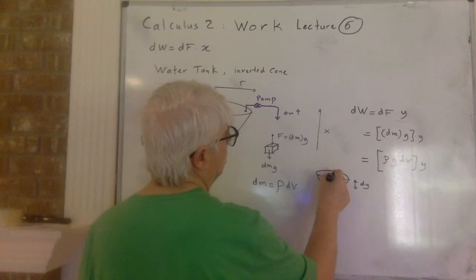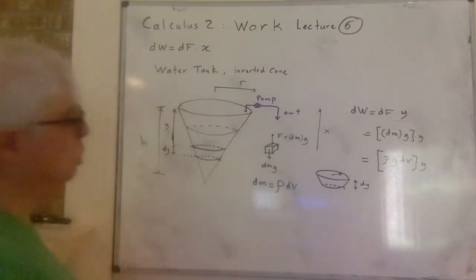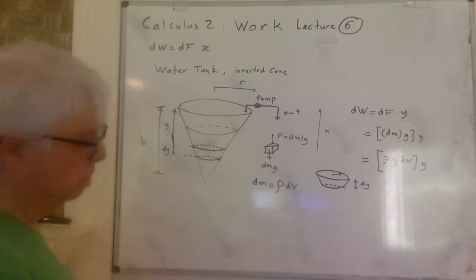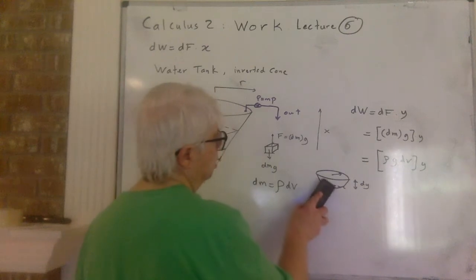And I need this. Fine. Why am I just saying I need this? Because that dy is very small, infinitesimal. So I can assume that this is in fact a cylinder, right? I can assume that this is a cylinder.